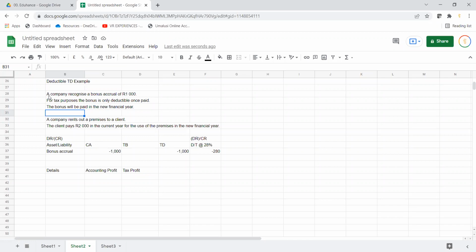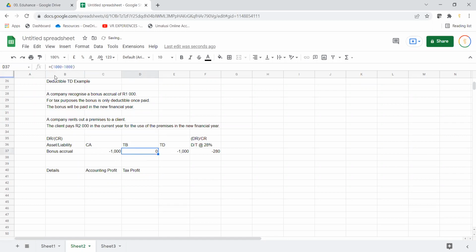How much is SARS going to grant as a deduction in future periods? The full 1,000 Rand. So therefore, I must say 1,000, that's the accounting carrying amount, minus what SARS will grant as a deduction in future periods, 1,000 Rand.